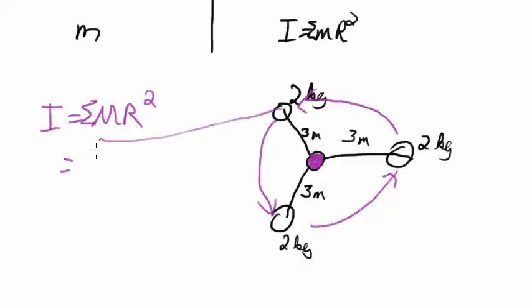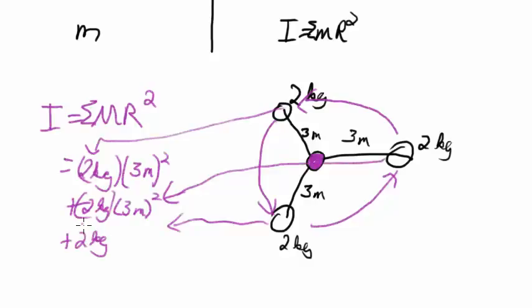And for this one, it is also 2 kilograms times 3 meters, whoops, squared. So that comes out to be 18 plus 18 plus 18 equals 54 kilogram meters squared.